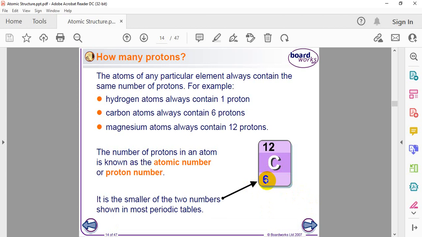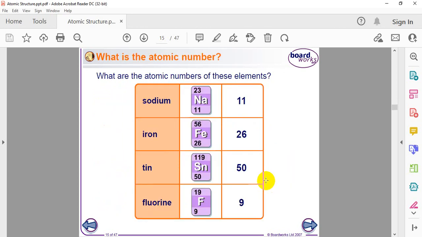The number of protons in an atom is known as the atomic number or proton number. So over here the atomic number or proton number is 6. Help me identify the various atomic or proton numbers in this table.